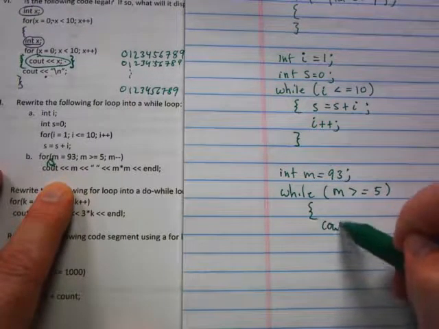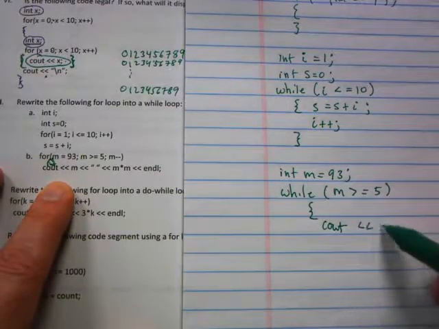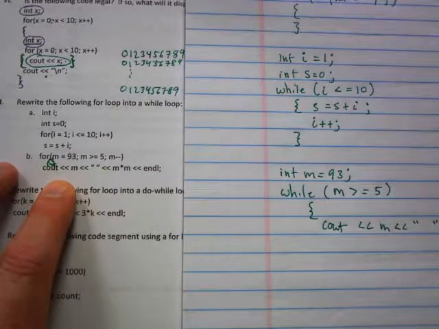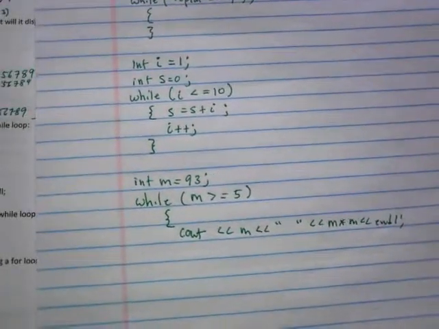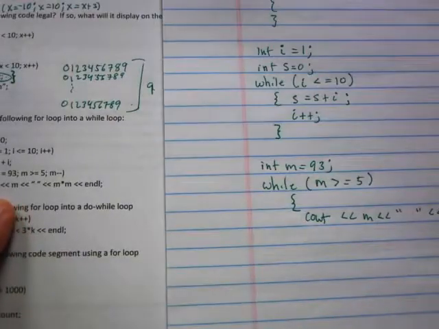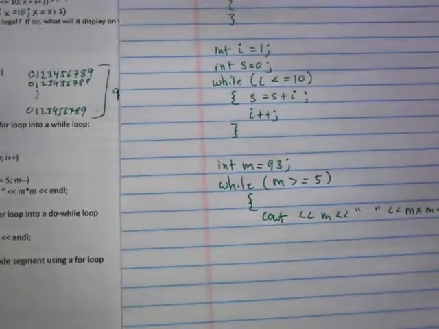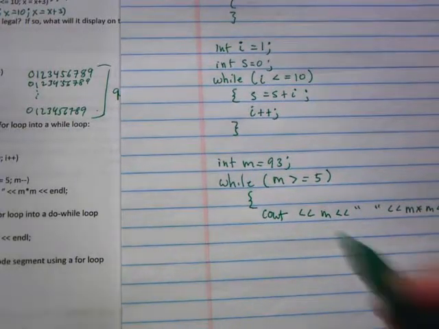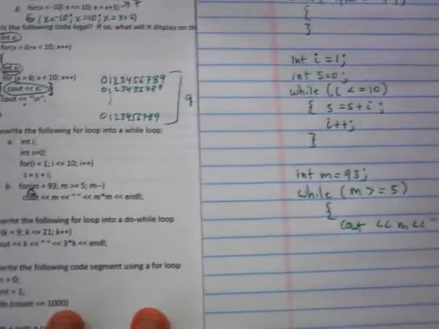Cout m times m. Nothing changed there. I wrote the exact same command down. And then what? I need to increment my variable, m minus minus.